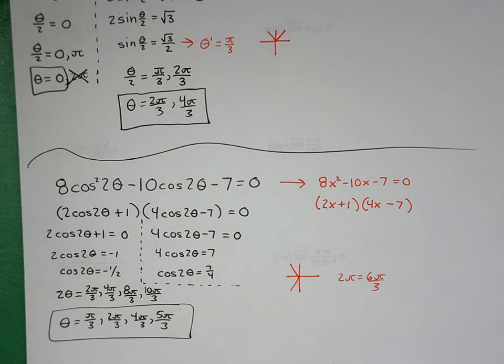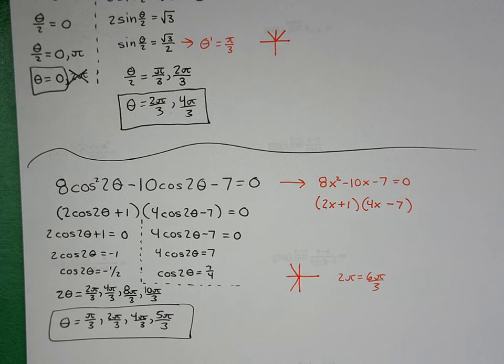There is no angle value that when we plug it into cosine will give us a cosine of 7/4. If you remember back to when we were graphing it last unit, cosine oscillates back and forth between negative 1 and 1. And 7/4 is definitely larger than 1, so there's no way for us to get up to that 7/4.